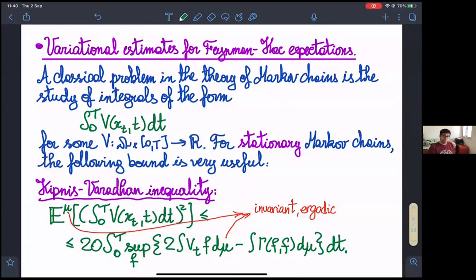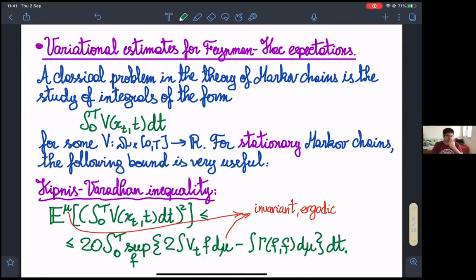For example, and this is something people sometimes do, and in fact, it's a very wise thing to do in simulations, if you want to compute, for example, the expectation of a function v with respect to the invariant measure, what you can do is to take the Birkhoff sum, average it in time, and by Birkhoff's theorem, that converges to the expectation of function f with respect to the stationary state.